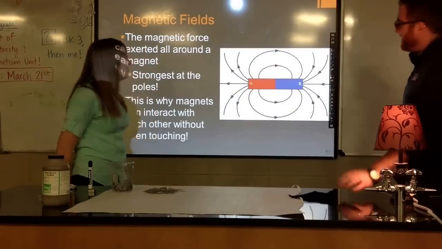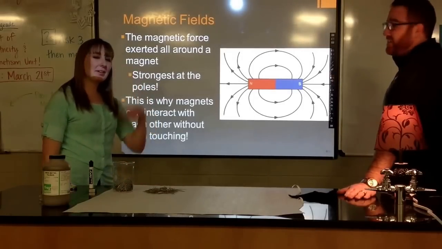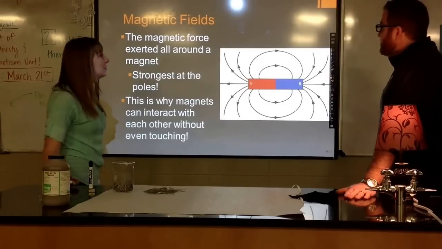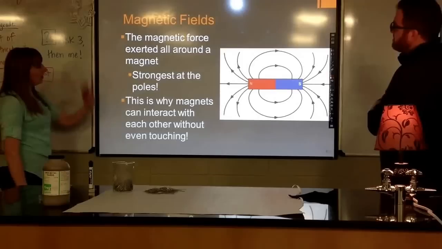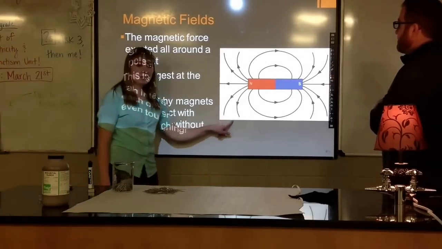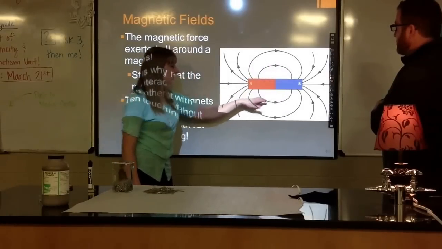Here we go. Magnetic fields. As we go through this, keep that question of breaking a magnet in half in mind. Some of this information is going to be helpful in thinking about that. Magnetic fields are the magnetic force exerted all around a magnet. This is another great drawing that you could put into your notebook. These are the magnetic field lines.